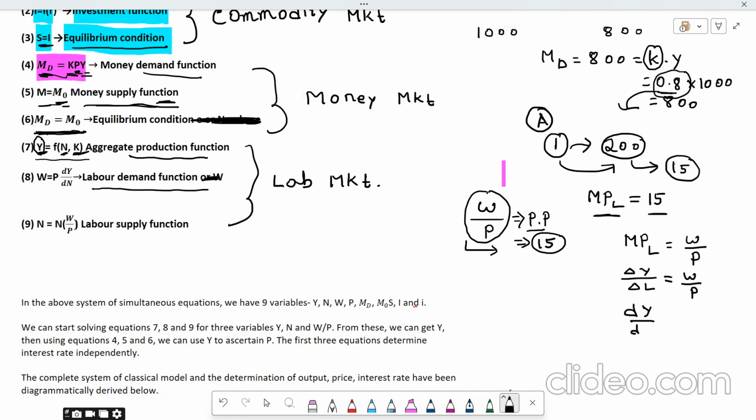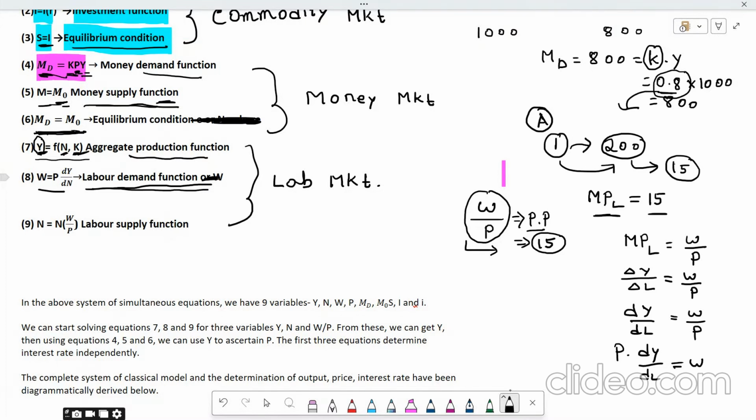So dY by dL is equal to W by P. Now if I take P to the left hand side, it becomes P into dY by dL is equal to wage. So that is given here as the labor demand function. It tells us that the real wage of a laborer should be equal to the marginal product of that laborer.